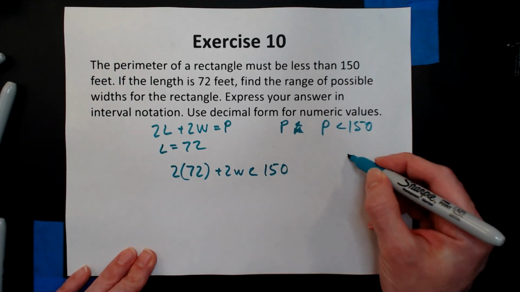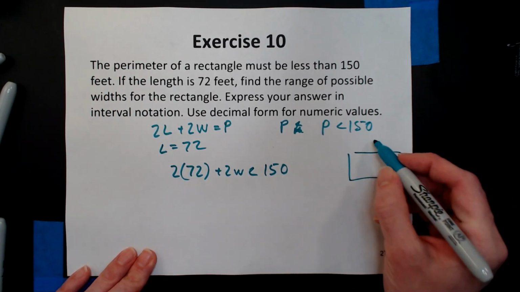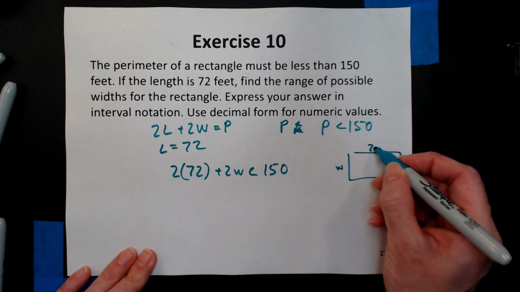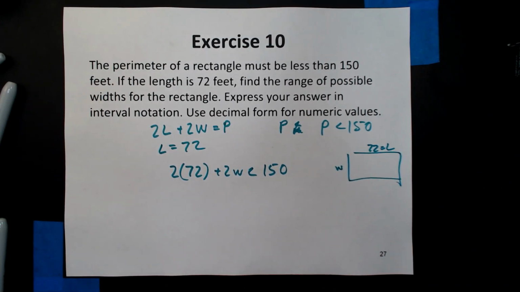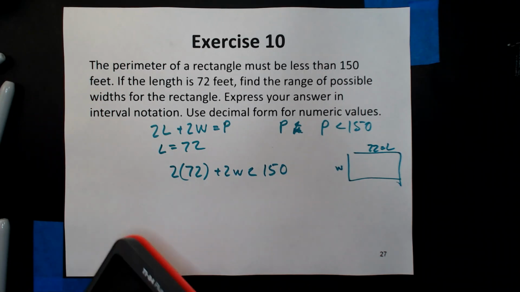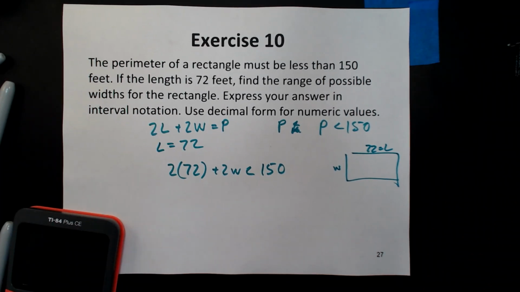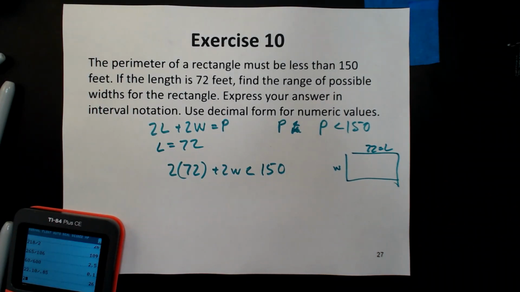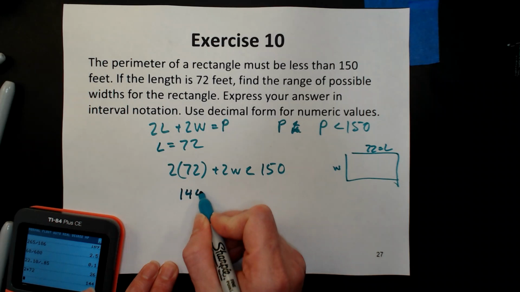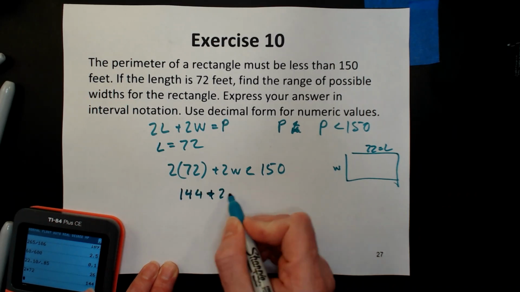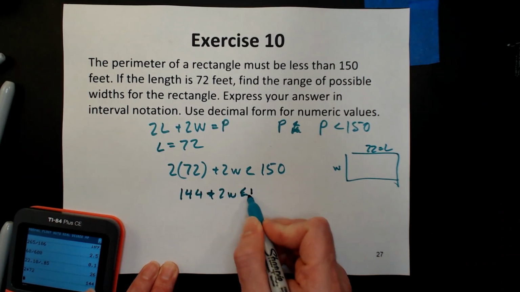You can draw a picture for this if you want. This would be our width. This would be 72, which is our length. And I think this one comes out to a very interesting, very small number. It happens. So we're going to have 2 times 72, and that comes out to 144 plus 2w, which has to be less than 150.